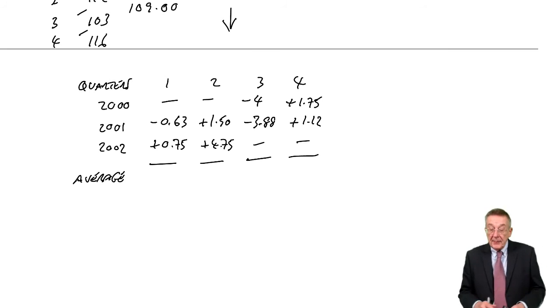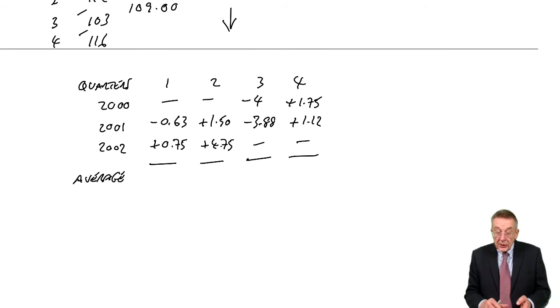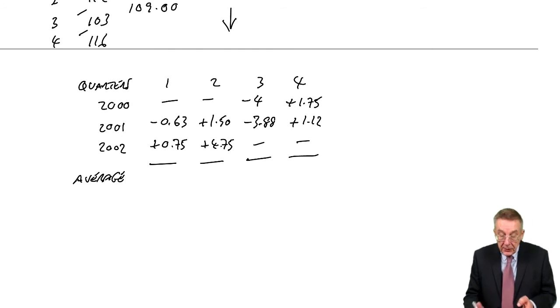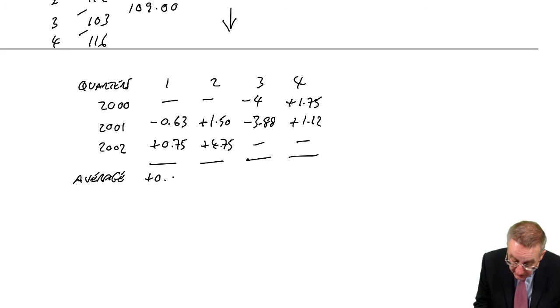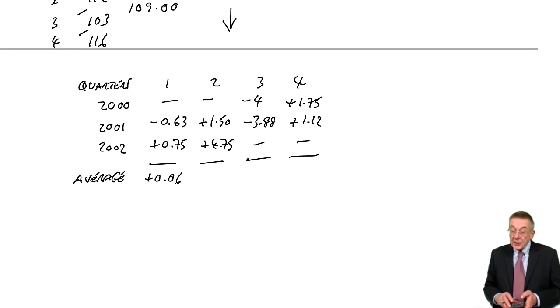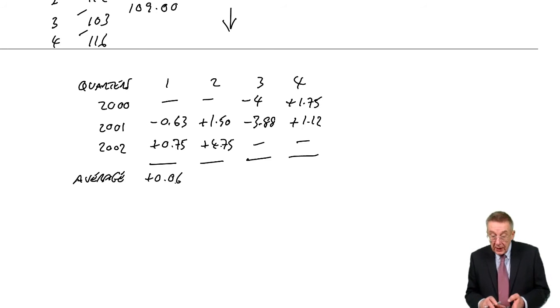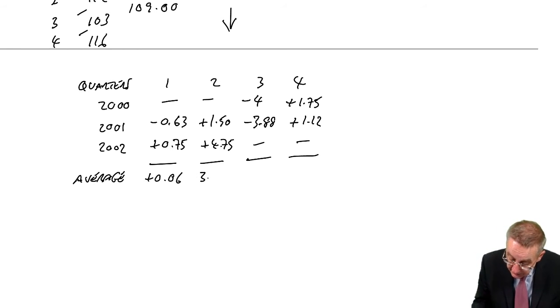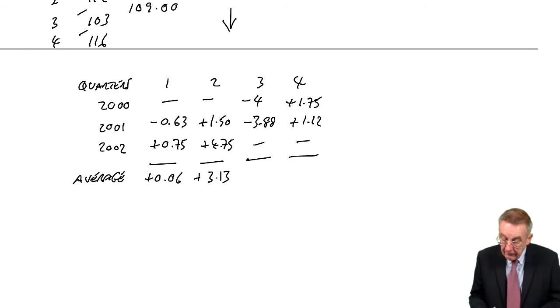And the average, add them up and divide by 2. So quarter 1, it was minus 0.63 plus 0.75, divided by 2 is plus 0.06. Quarter 2, what's the average variation in quarter 2? Plus 1.5 plus 4.75 divided by 2, plus 3.13.